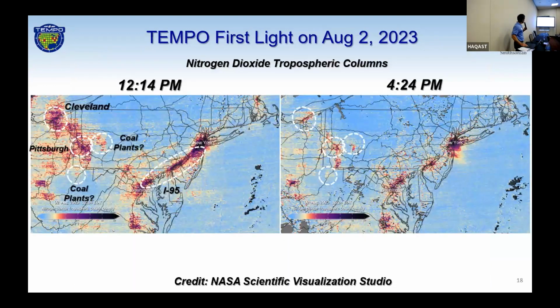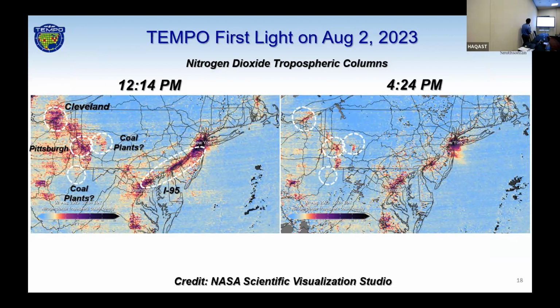Okay, so I do want to show some individual static images of NO2 tropospheric columns from the data here. This is zooming in on the northeast area. And it was one Friday evening, I remember I was invited out for dinner. I'm like, I can't go to dinner. I have to look at the Tempo first light data all night. This is what I did.